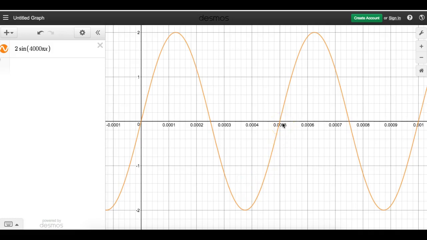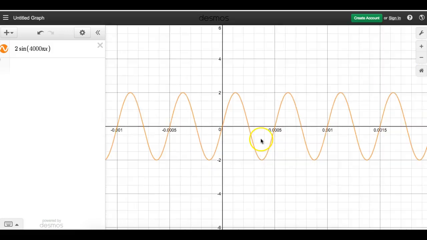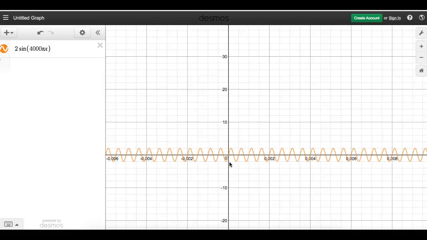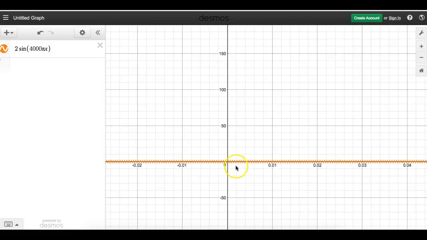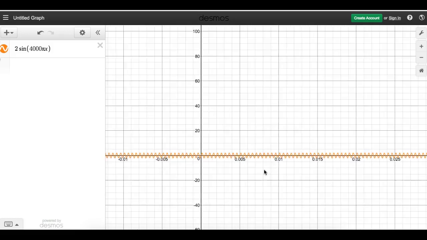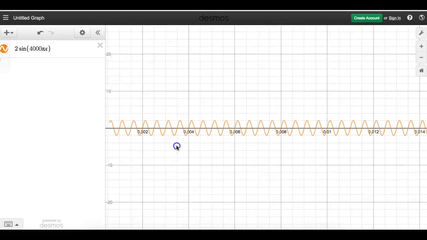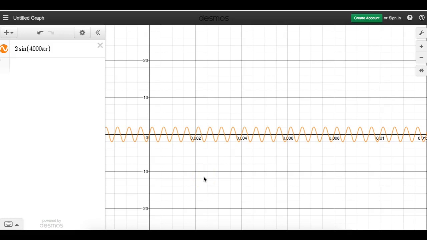However, our period is just extremely small. That's why we have to zoom in so much. That's why if you zoom out on this, you see that there are so many cycles happening that it just starts to blend together into one compact, thick line. So that's why it's really important to understand the period of these.